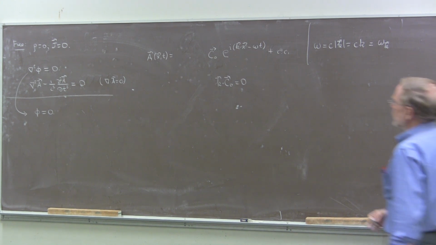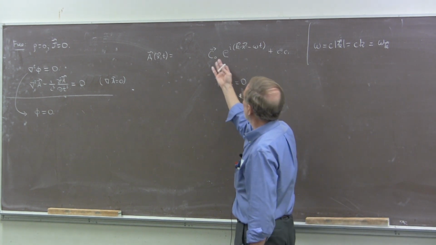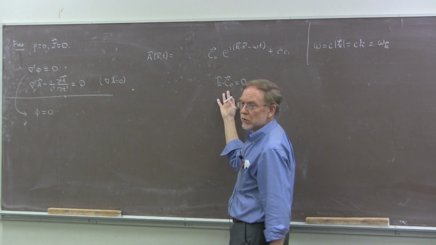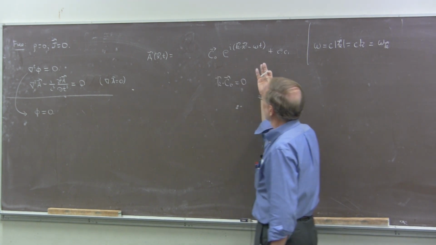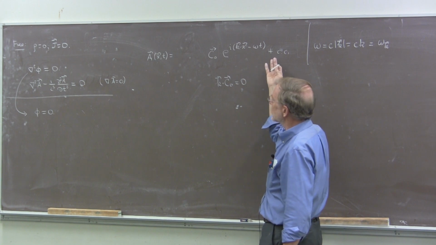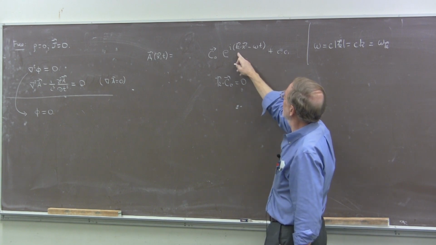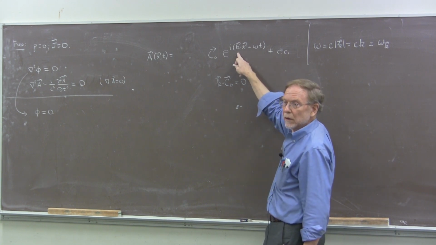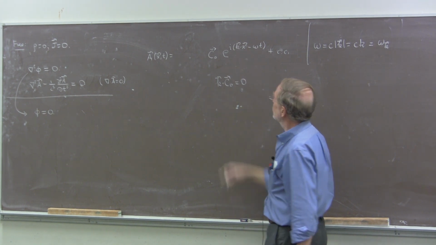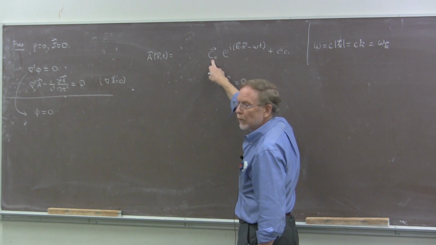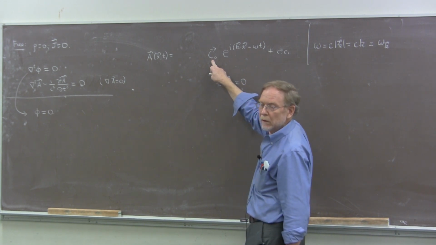Now if you allow this C0 to run over all complex vectors which are transverse, if you analyze this equation a little more carefully, you will find that this generates all possible electromagnetic waves that have the given k vector. In other words, it's a complete set of solutions with a given k vector. But you must allow the vector C0 to be complex. You can't restrict it to be real.